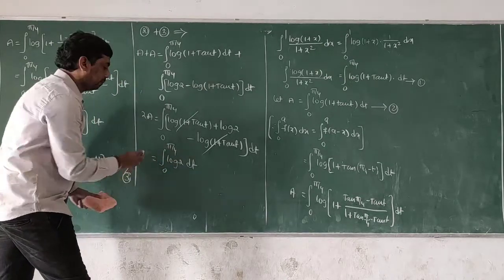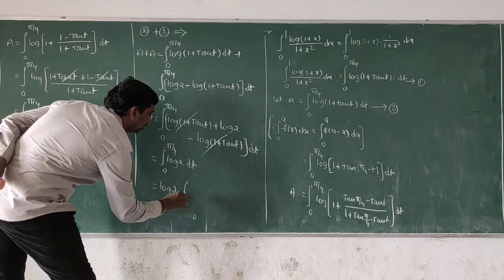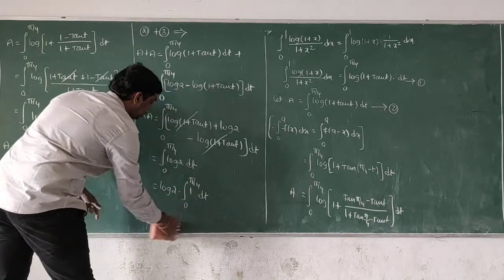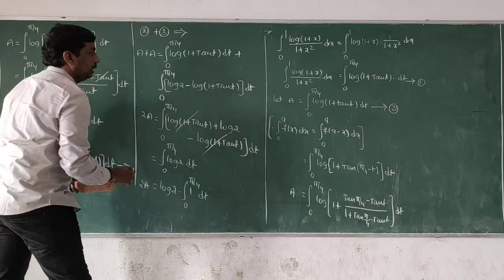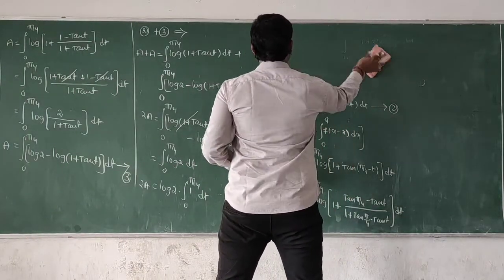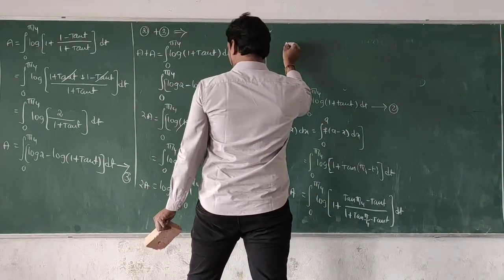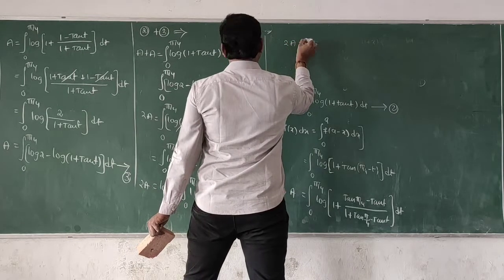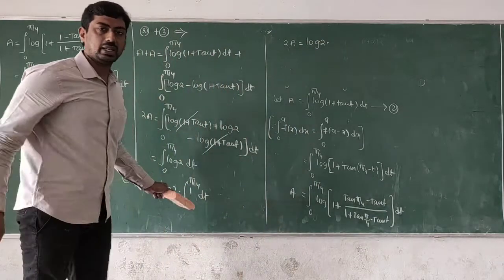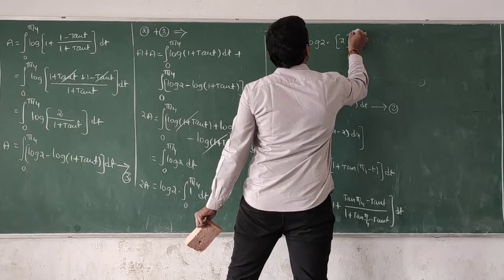Log 2 is a constant, now take it outside of the integration. Log 2 into integration 0 to pi by 4 1 dt, which is 2a equal. Now in the continuation 2a equal to log 2 into integration of 1 dt within the limits 0 to pi by 4.